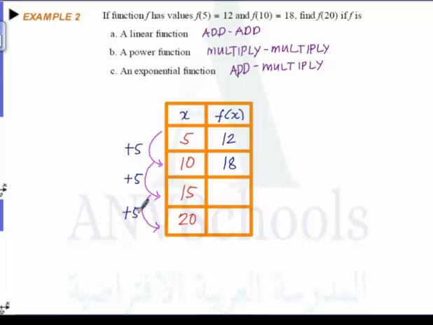And on the right, for the f of x values, this is actually a difference of 6. So we have plus 6 here.